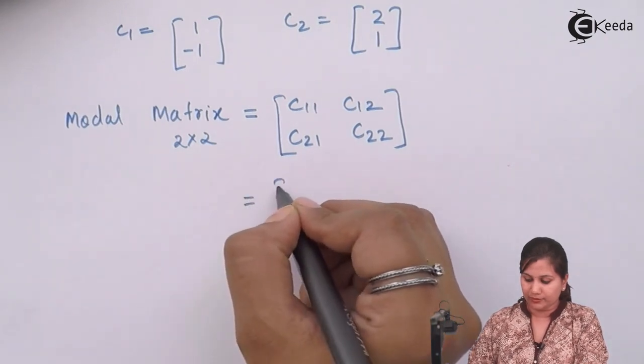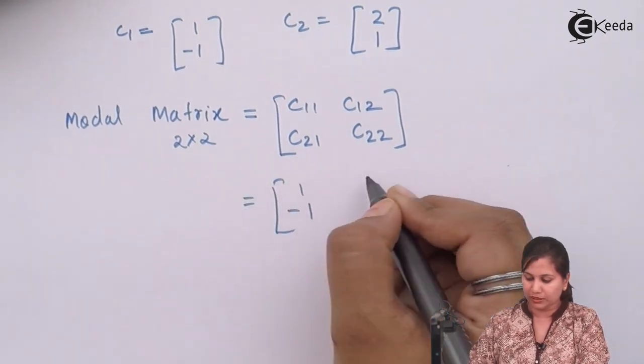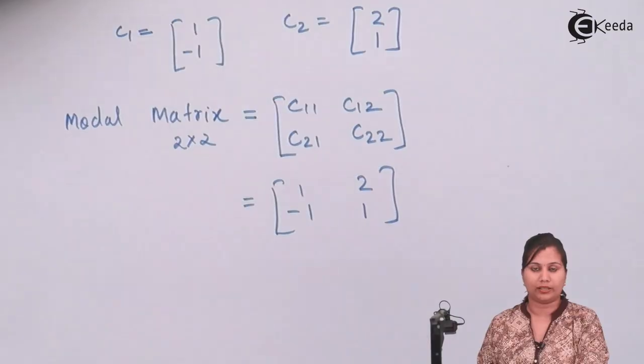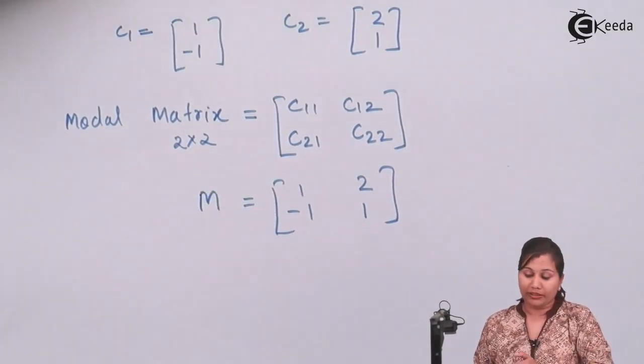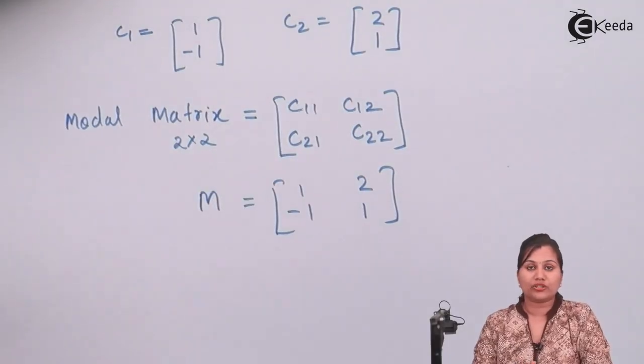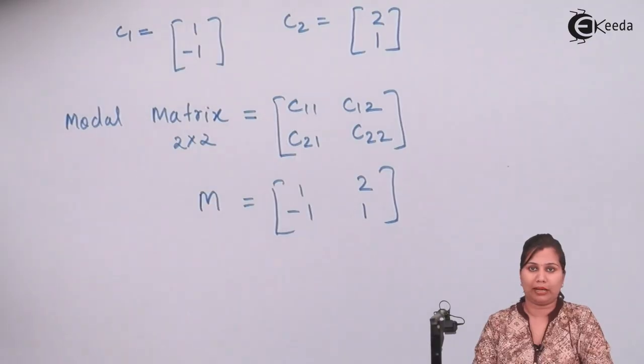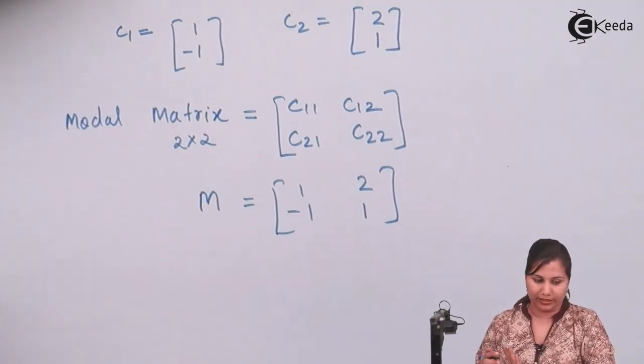Put the values 1, minus 1, 2 and 1. So this is our modal matrix M. Now if we multiply our original matrix A, which is a non-diagonal matrix, by this modal matrix, then it will be converted into a diagonal matrix.